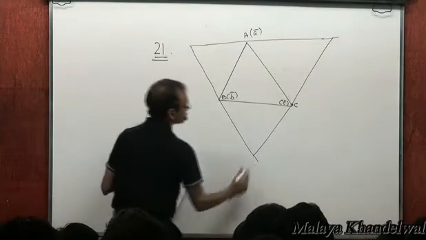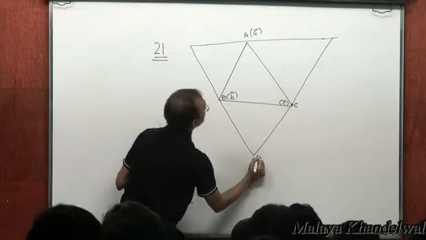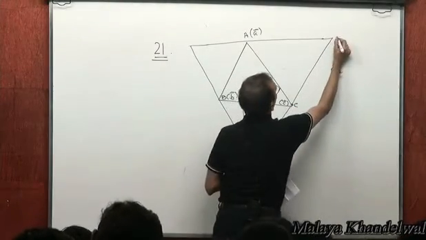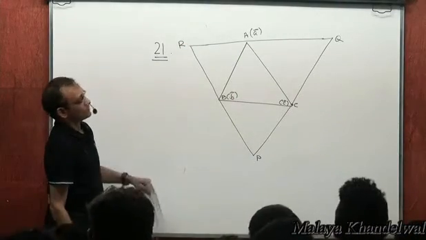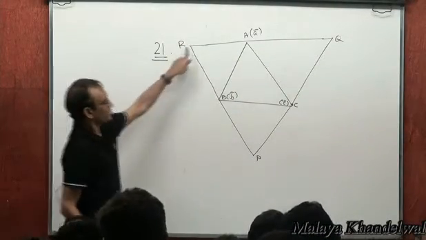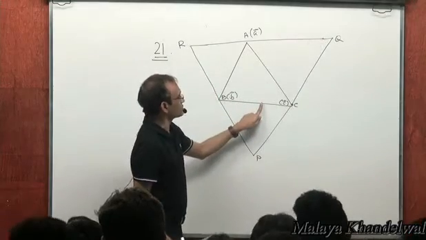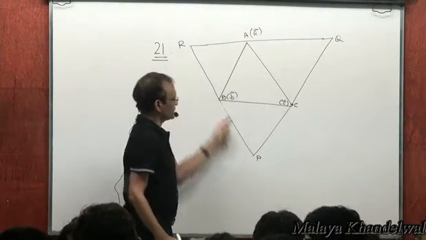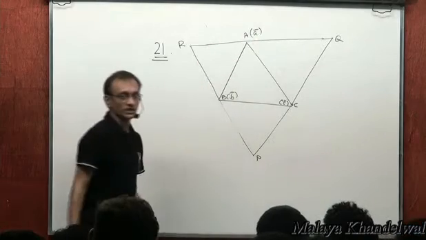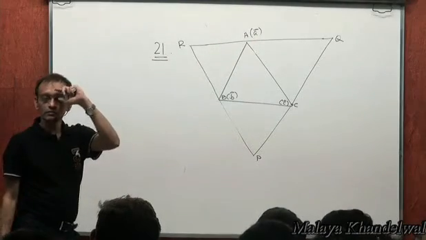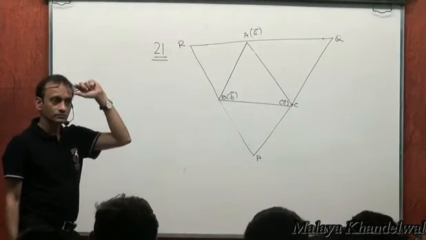To get a triangle, say PQR is a triangle obtained out of this, where this side is parallel to this side, this side is parallel to this side, and this side is parallel to this side, right?